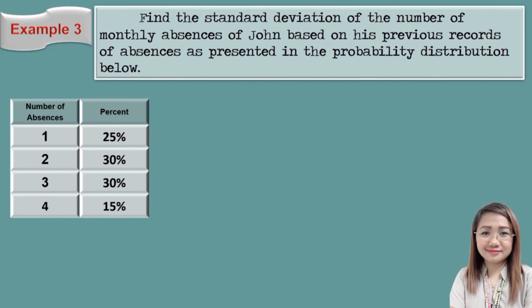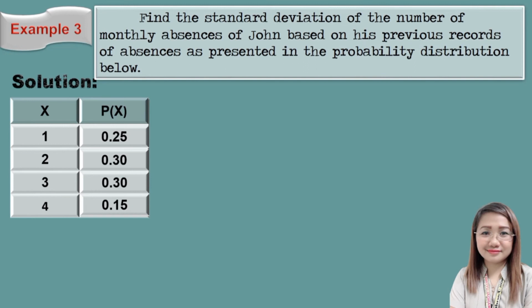Therefore, we let x be the number of absences, while the percentage will be the p of x. For us to easily solve the given numbers, we need to make the 25%, 30%, 30%, and 15% into decimals. So therefore, we have 0.25, 0.30, 0.30, and 0.15.